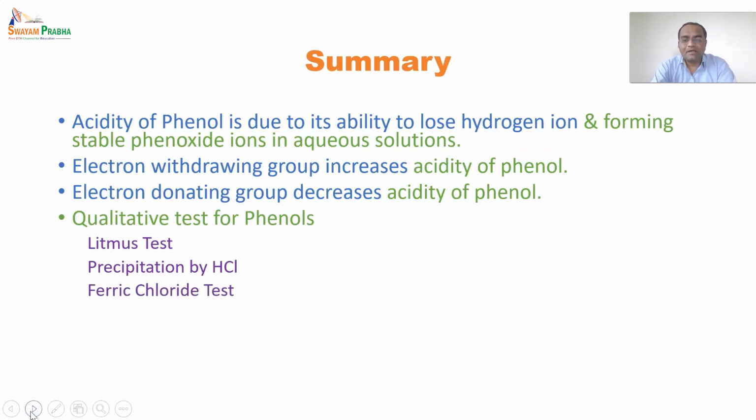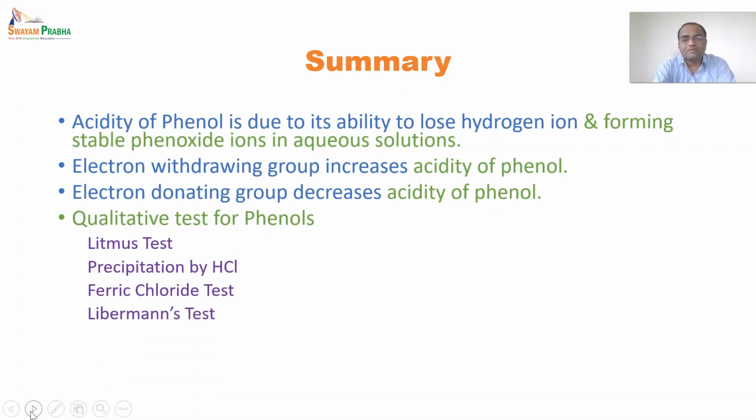After that we have seen the ferric chloride test. A few drops of neutral ferric chloride solution are added and it gives a purple color; for different types of phenol derivatives it gives different colors. In the case of phenol it gives a purple color.